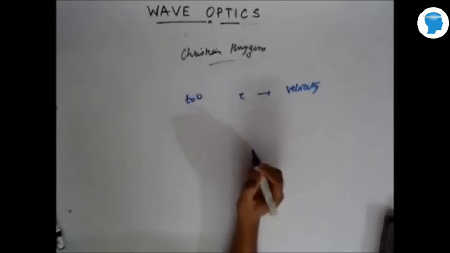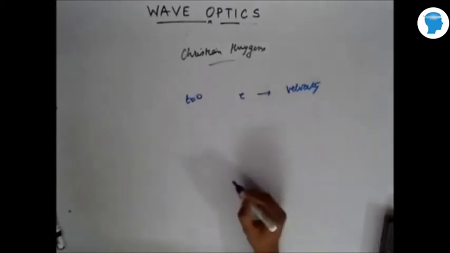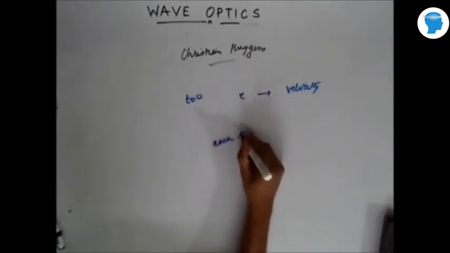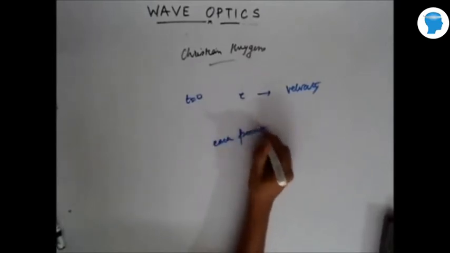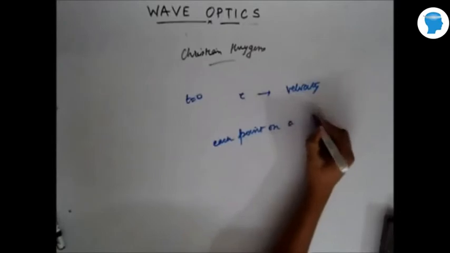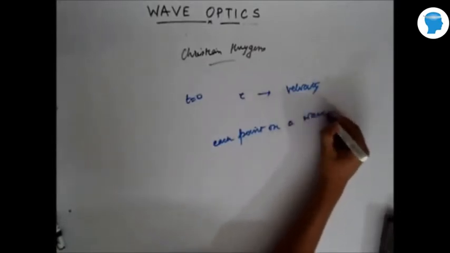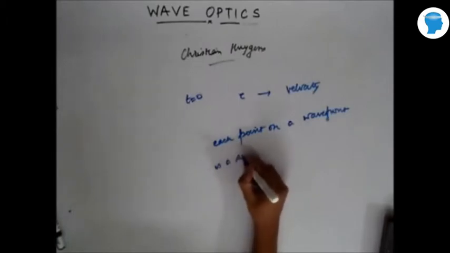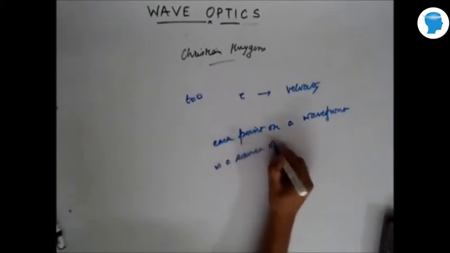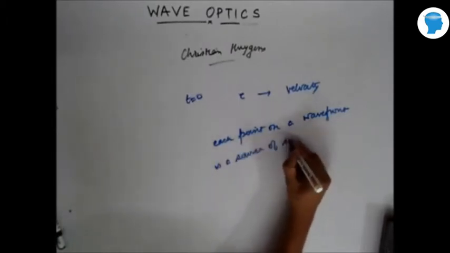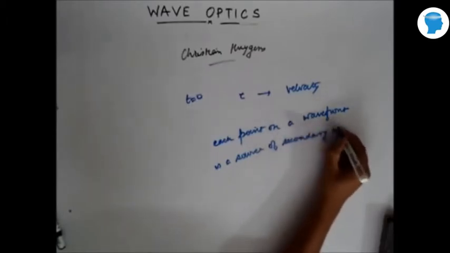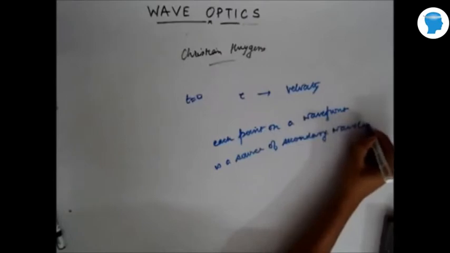And how we can do that, he said that each point on a wavefront is a source of secondary wavelets or secondary wavefronts.